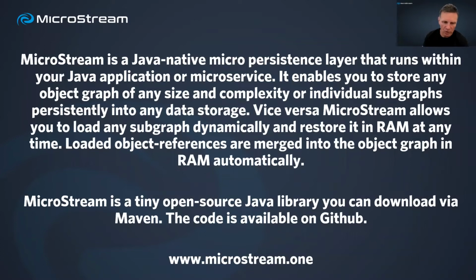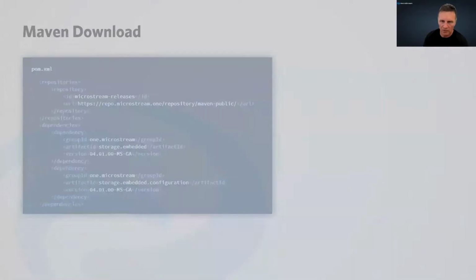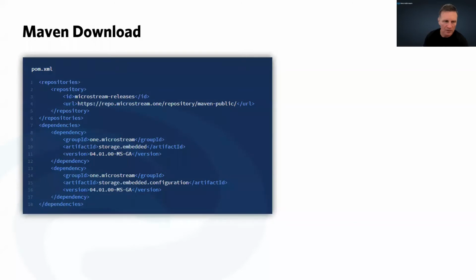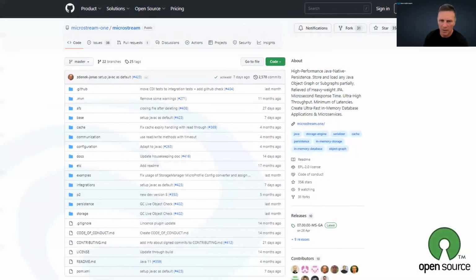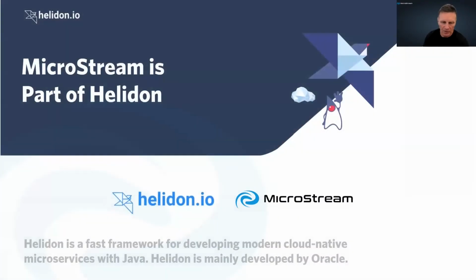The complete project is open source. You can download it via Maven, and the code, of course, is on GitHub. It's under EPL, so you can really use it for commercial purposes also. It's integrated with Project Helidon since last year. So thanks to Dmitry Kornilov from the Helidon team, who integrated Helidon with MicroStream.